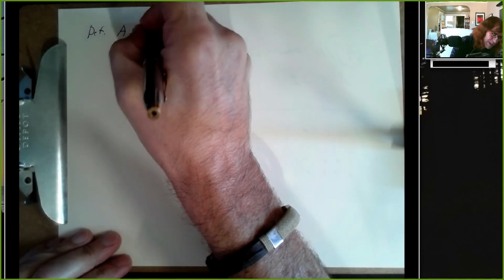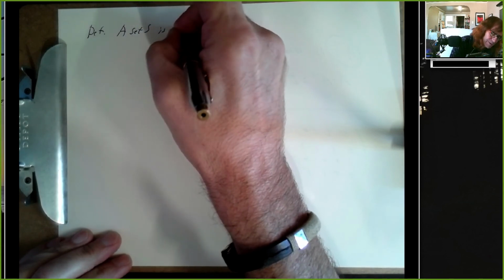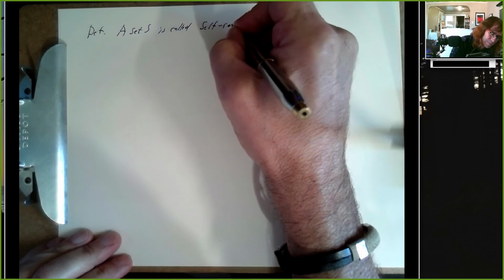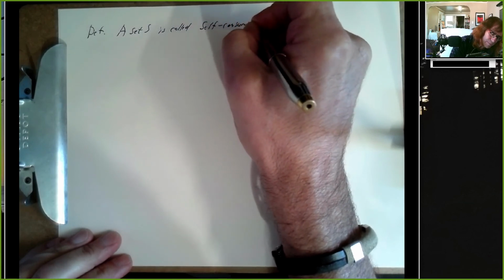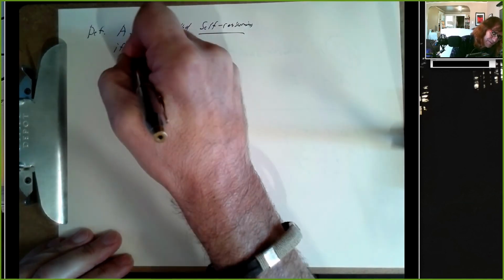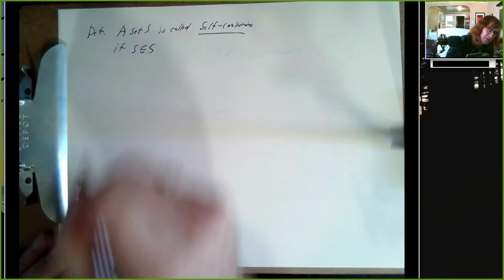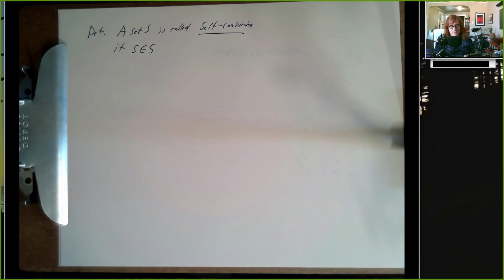So a set S is called self-consuming if S is not a subset of itself, but if S is an element of itself. So a set is called self-consuming if it contains itself.